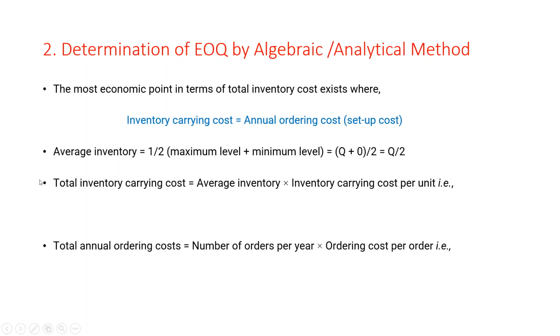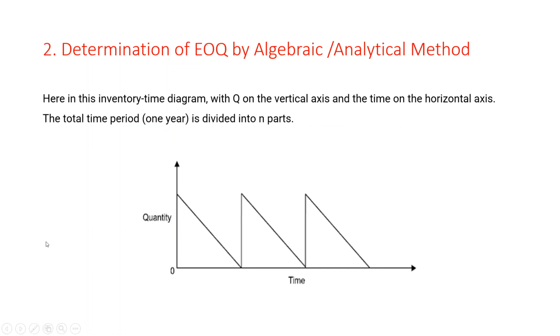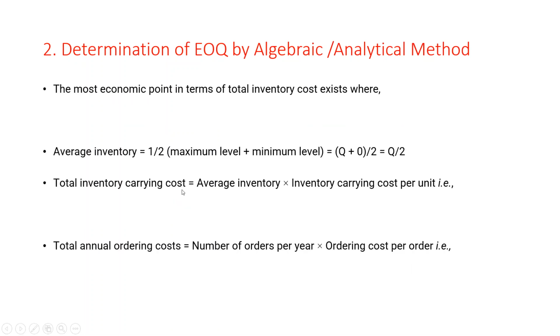For that, the average inventory is equal to 1 by 2 times maximum level plus minimum level. Here the maximum level is Q, that is quantity, plus minimum level is 0. So Q plus 0 divided by 2, and we get the average inventory as Q divided by 2.